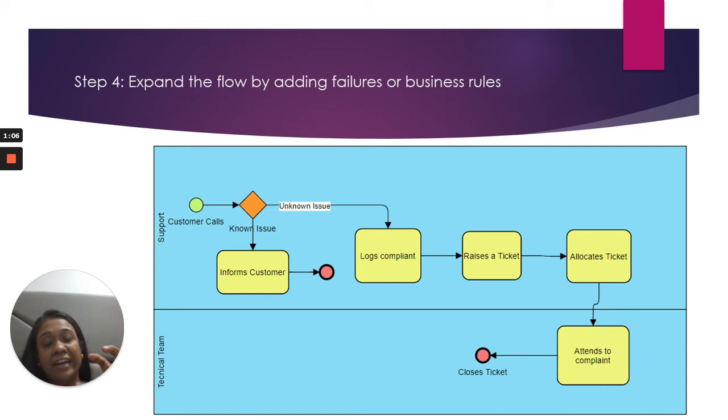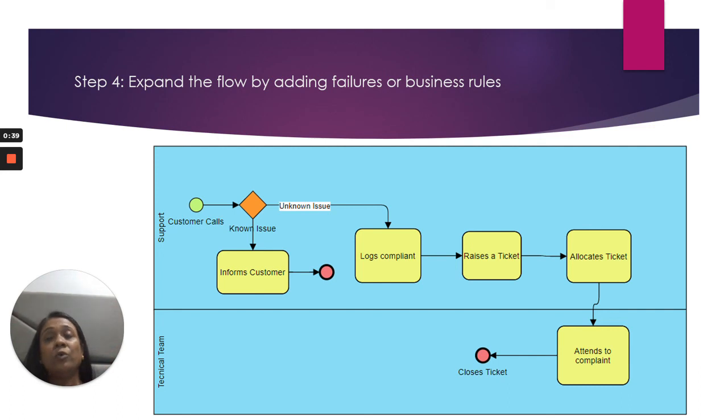So we add an exclusive gateway, which is the notation of a diamond-shaped control. If it is a known issue, the support team informs the customer and the flow ends over there. But if it's an unknown issue, then the flow progresses as it was in the previous basic flow. So the support team logs the complaint, raises the ticket, and the flow proceeds.